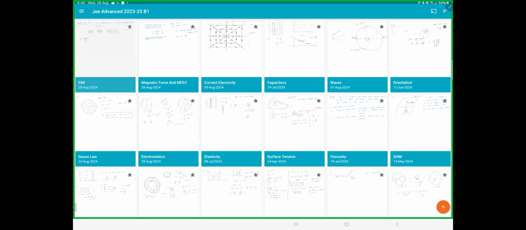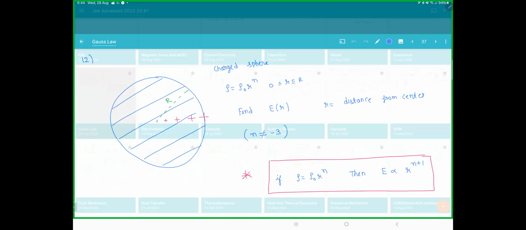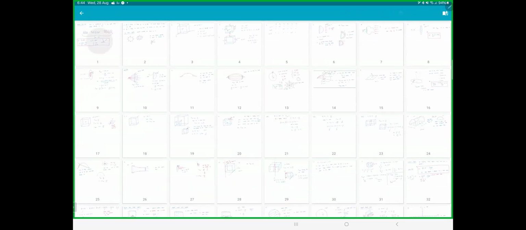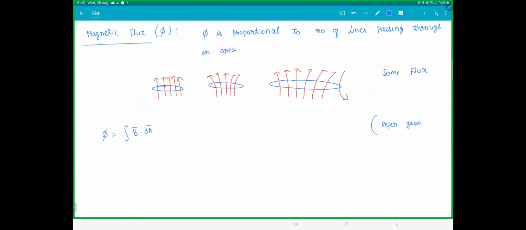So this you can refer. I think it is the second page. First page, Gauss law. Yeah, this is Gauss law on page 1 and page 2. Exactly the same thing mathematically. There is no difference. Integral B dot dA, if B bar is constant, then the flux would be B bar dot A bar.